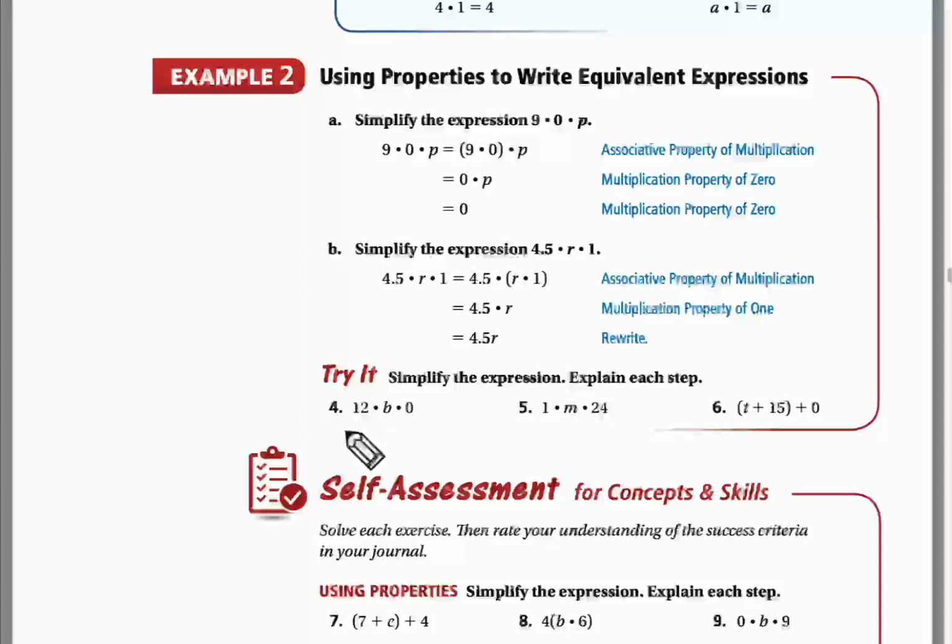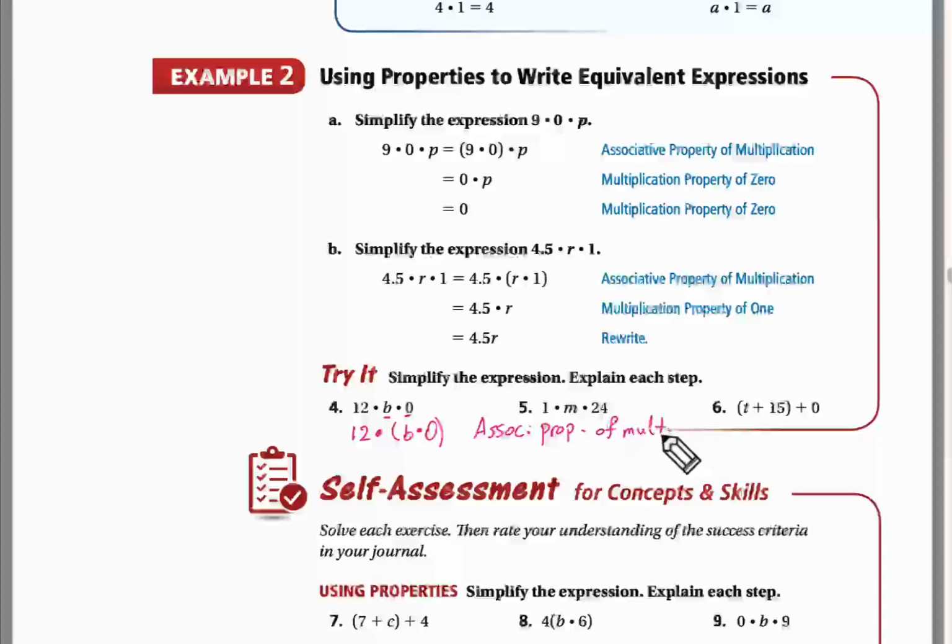Question number 4. 12 multiply b multiply 0 equals 0. Okay, we need to do it in steps. So we will multiply b by 0 first. b by 0 will be 0. Okay, so 12 times b times 0. What property did you use? We use the associative property of multiplication.